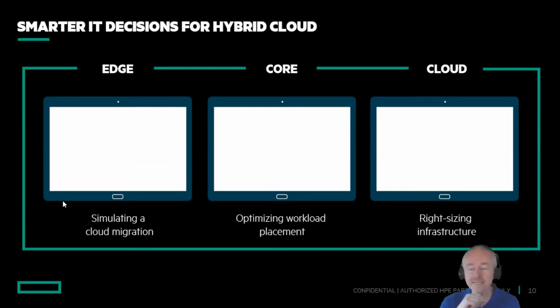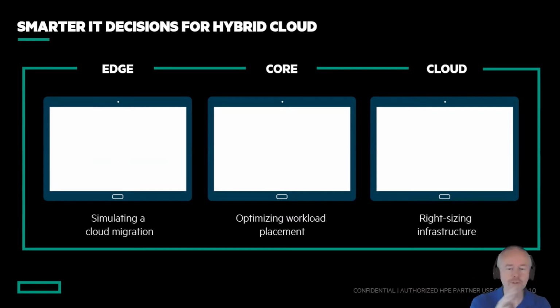And what's the cool thing is that you can use it independent of where you are currently running your data, your workloads. Most of us, honestly, are focused on that core. We have a core data center with 1, 2, 3, 4, 5, 6, 10 servers in there, with some storage and networking, with some virtualization in there, and we're going to optimize it.